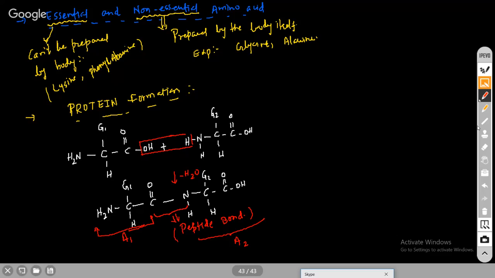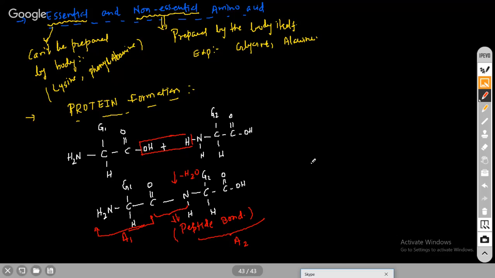When we have two or more peptide bonds present, then we call it polypeptide. Specifically, if you have two peptide bonds, we call it dipeptide. Three peptide bonds, tripeptide. Four, tetrapeptide, pentapeptide, like this. But all these come under polypeptide linkage.